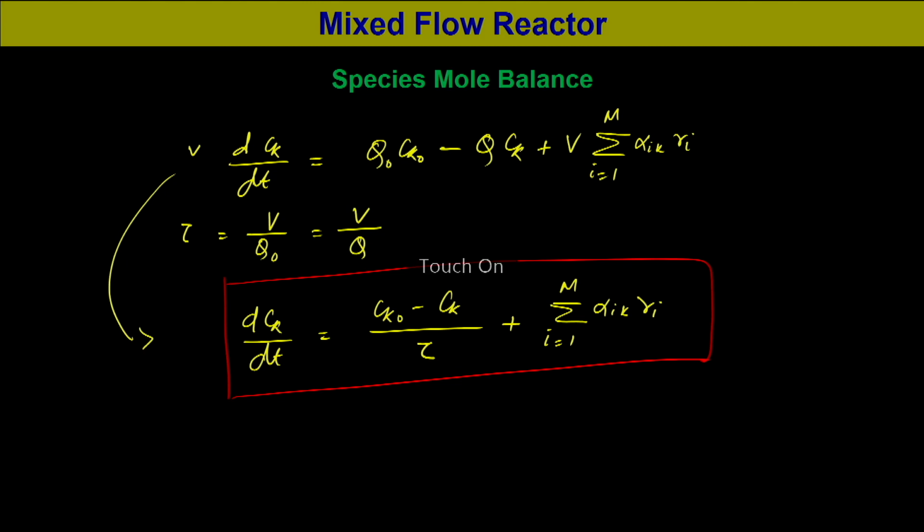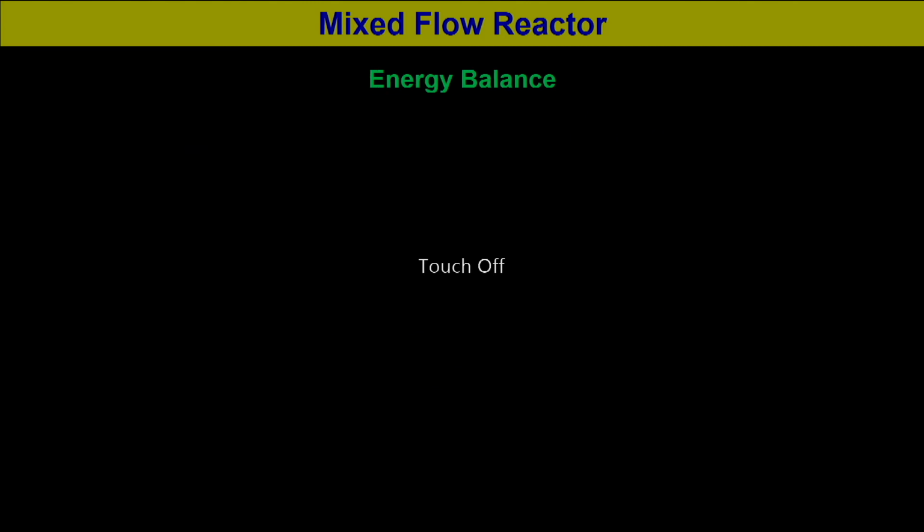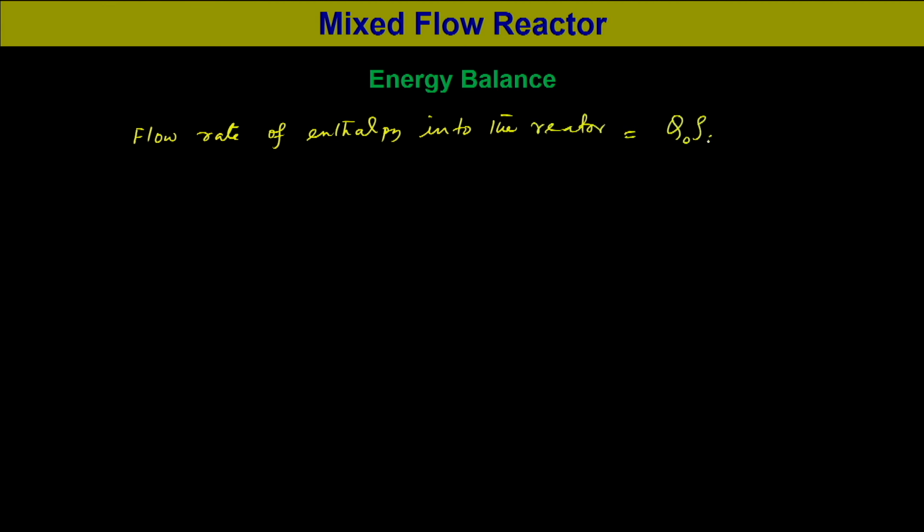Now, we can write the energy balance equation. The flow rate of enthalpy into the reactor would be Q naught rho naught H naught cap.